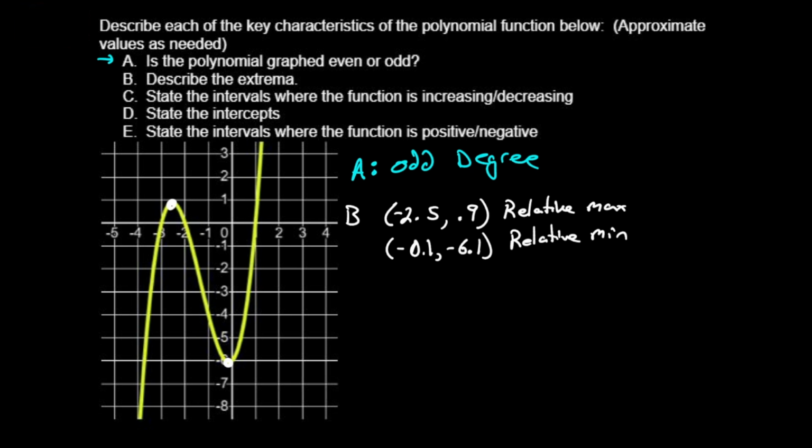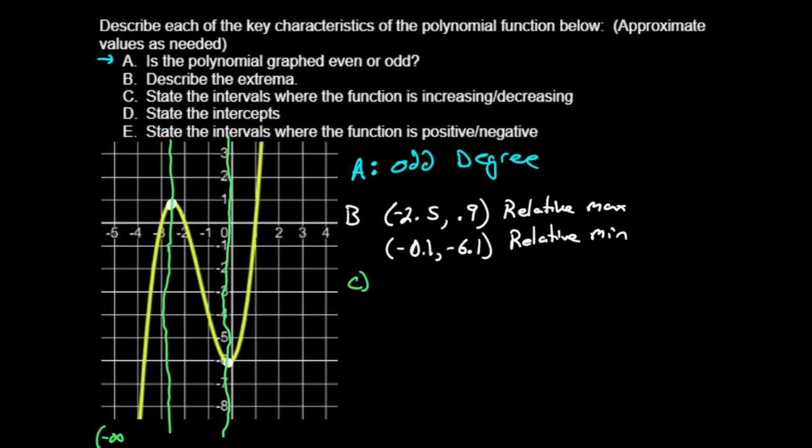The next thing we need to do is find where the function is increasing and decreasing. So for increasing, decreasing, remember we split it at the extrema. That was not a very straight line. And then right there, this separates my graph into 3 parts.